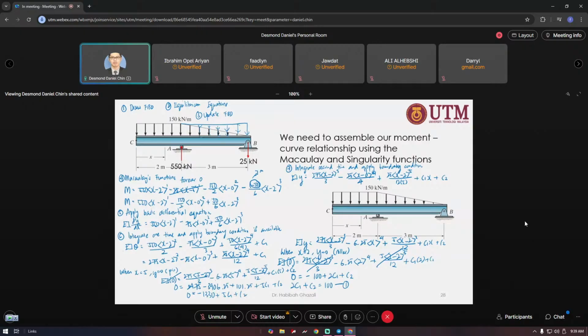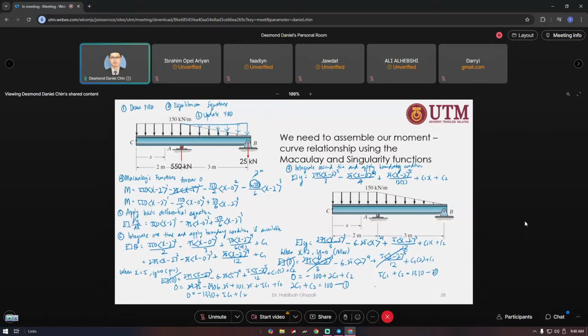So therefore, if I rearrange the equation, then I will have 5C1 plus C2 equals to 1330, equation number 2. Can you get it? Yes. Okay. So those simultaneous equations, just press your calculator, do the simultaneous equation.